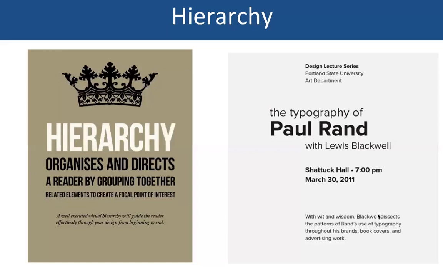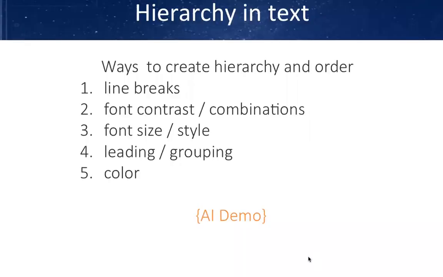So the designer can control how the person reads the text, and it can also introduce all kinds of variety and interest into some text by using some of these typographical techniques. So we're going to look at 5 different ways to create hierarchy and order in text.